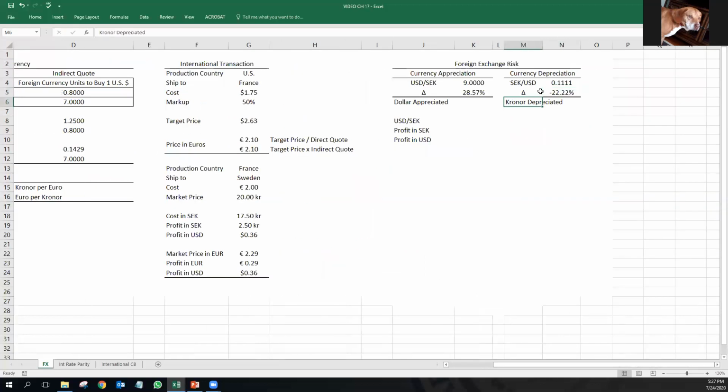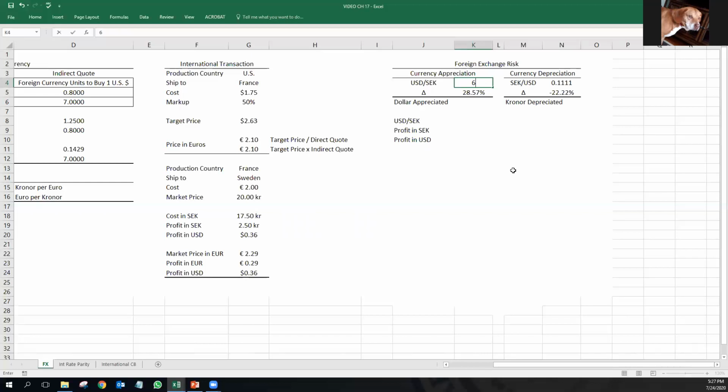In this case, if you look at it from this angle, you will say the krona depreciated. Mathematically speaking, both of these things are the same. If you were to use these numbers to figure out other calculations, you still end up in the same place. It's just that when you look at it from the indirect quote, it came up positive, so the dollar appreciated.